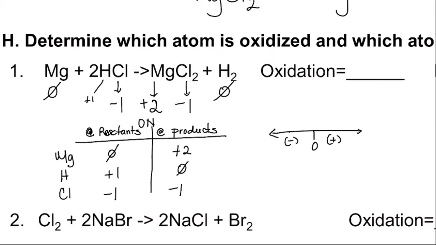So anytime we have fluctuation of numbers going in this direction, which could mean it was a positive oxidation number and it went to 0, or it was a positive oxidation number and it went to negative, or it was at 0 and it went to negative, all of that means reduction.